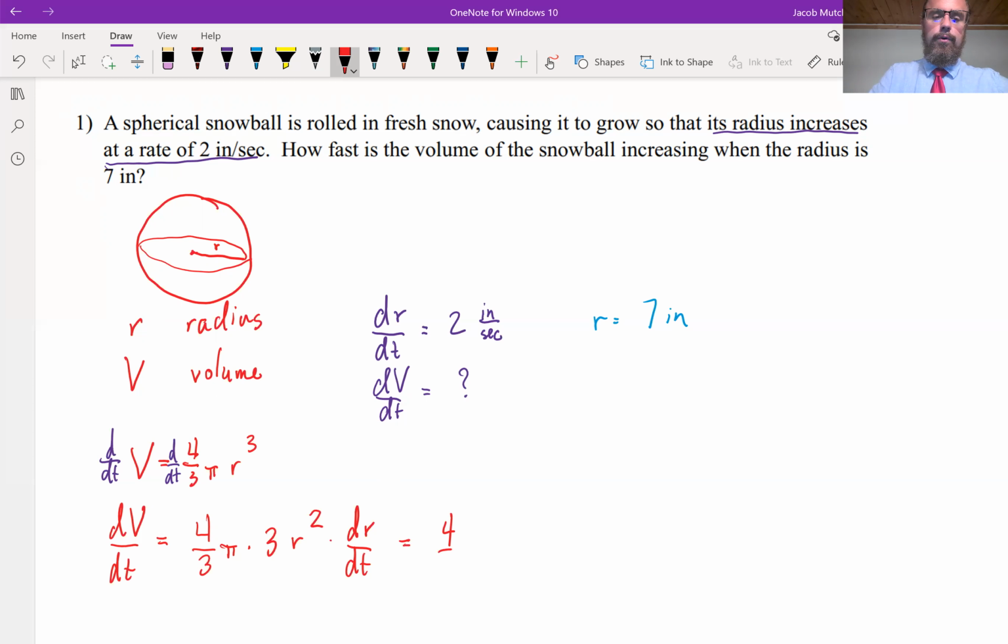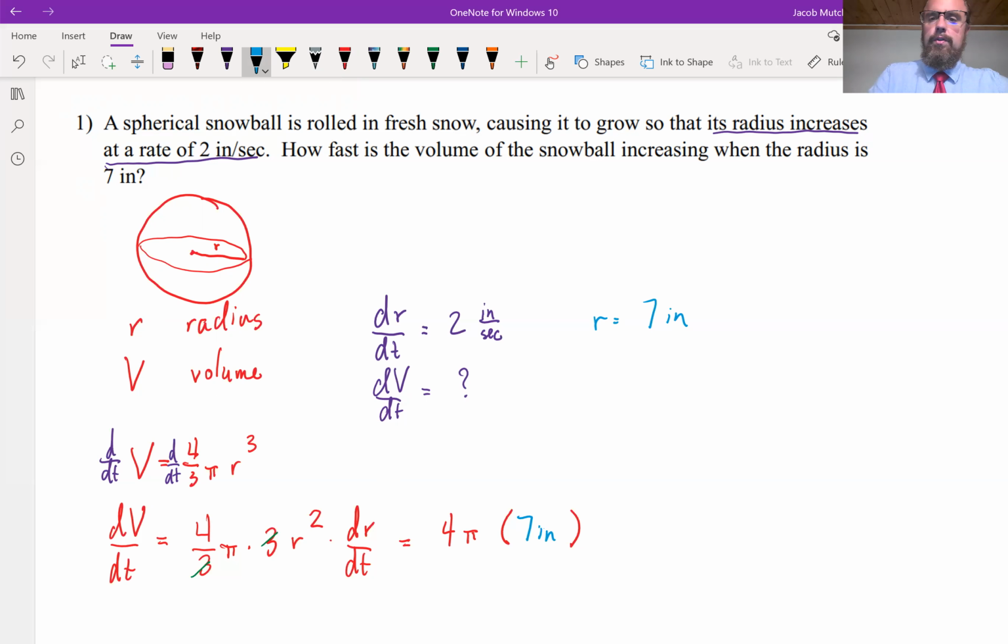What we see is 4/3. In fact, what I'm going to do is notice as I move to the next step that I've got a 3 divided by 3 cancellation. So in terms of my equation, it's now 4 pi times the radius. So the specific radius measure we're looking at is 7 inches.